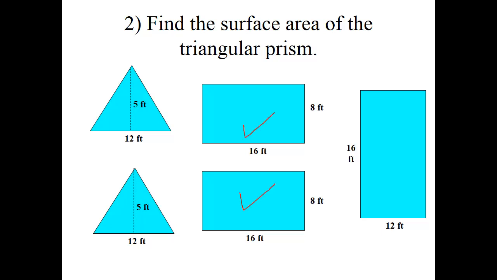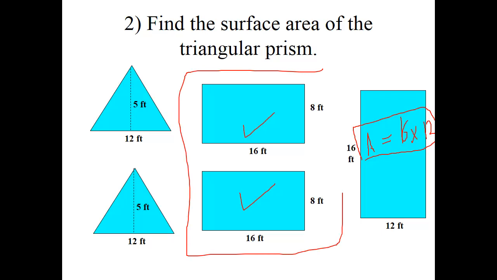So they are equal in length and equal in area. And the last one is the bottom rectangular base, so the area of the rectangular base is 16 times 12. And these rectangular faces are 8 times 16.